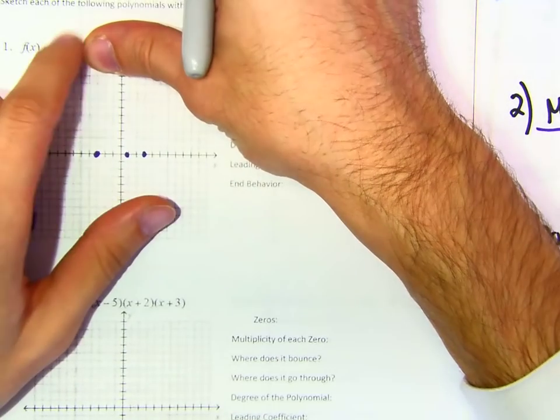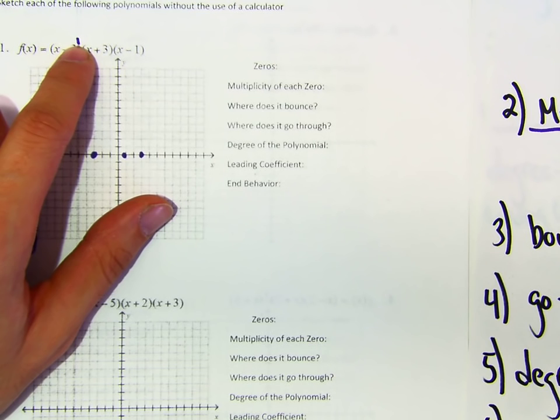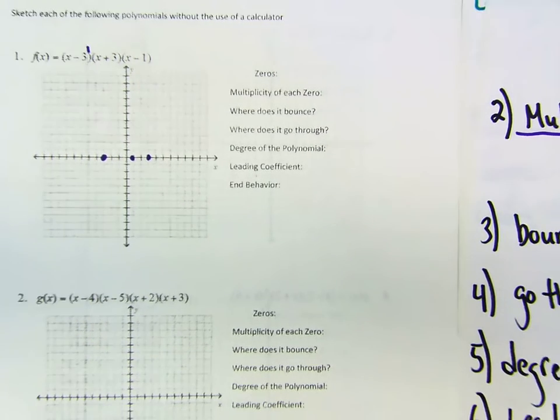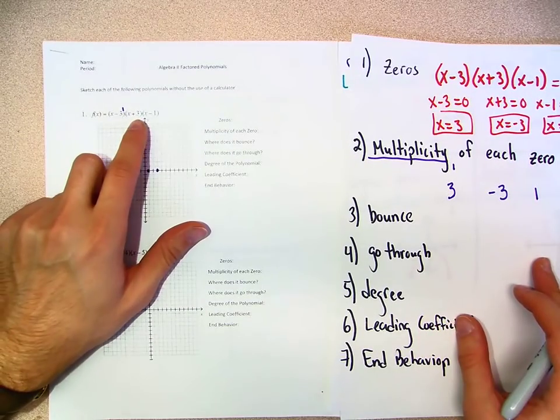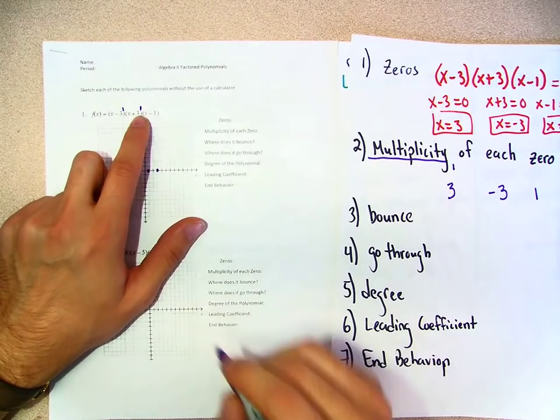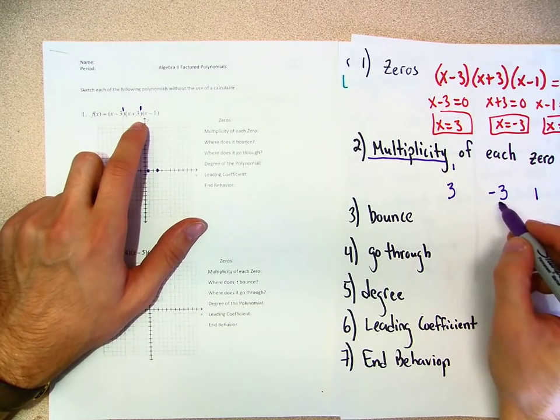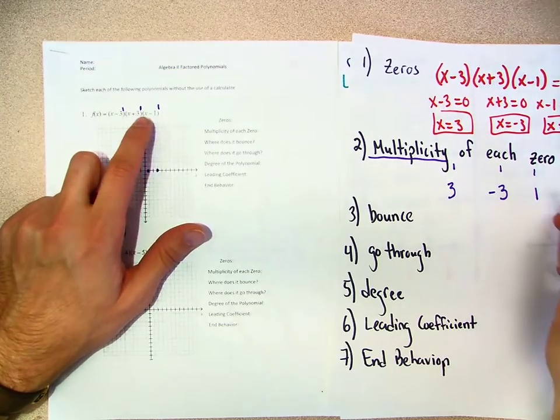It's just 1, so the multiplicity of 3 is 1. Oh, whoops, hold on, let me fix the camera angle. Okay. What about this binomial, x plus 3? The exponent is 1, so the multiplicity of minus 3 is 1. And this one as well. It's just 1 for all three of them.